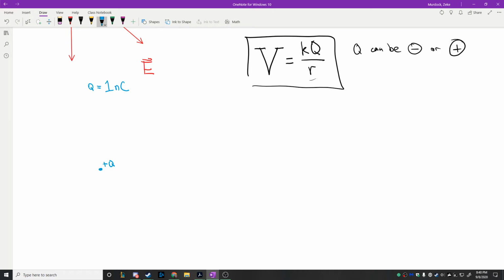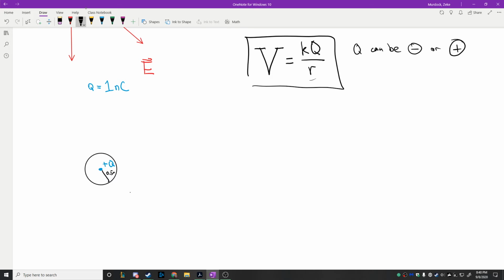And now let's go out to some different distances. So let's say that we go out to a distance around this charge, and I tell you the radius, the distance from here to here, let's say it's equal to 0.5 meters.